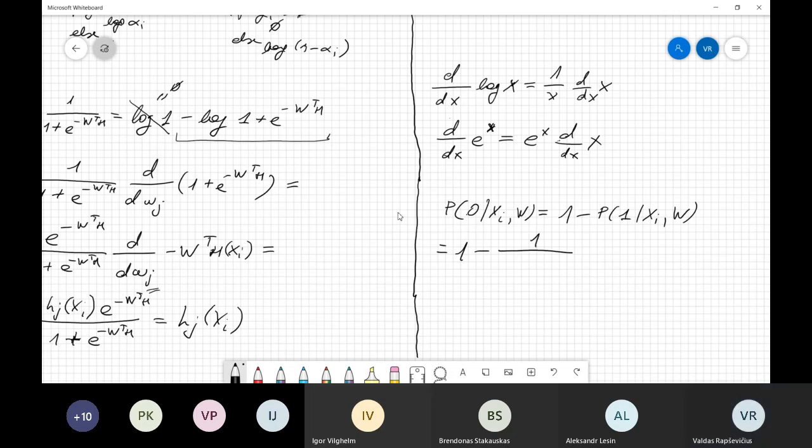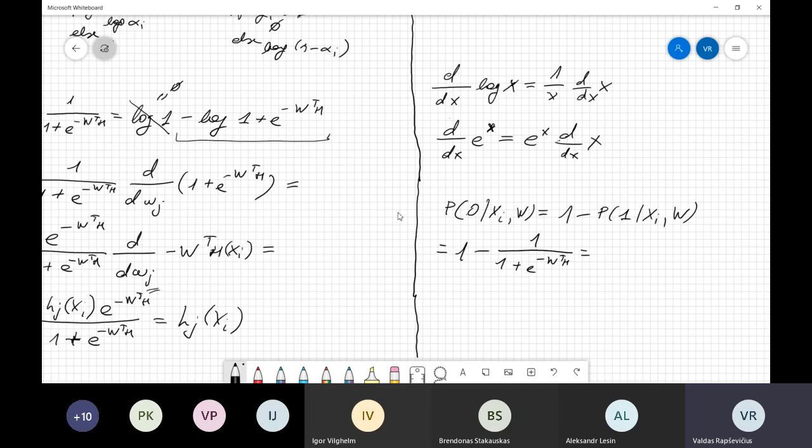1 plus e to the minus wTh. So we can simplify that. We will have 1 plus e here and 1 plus e here.